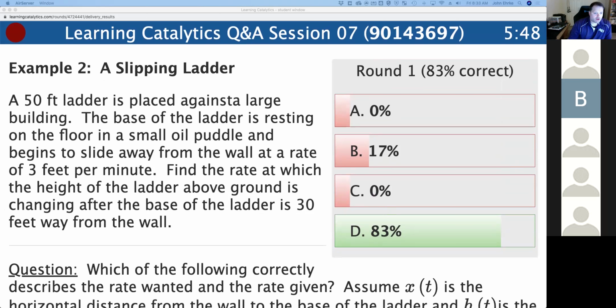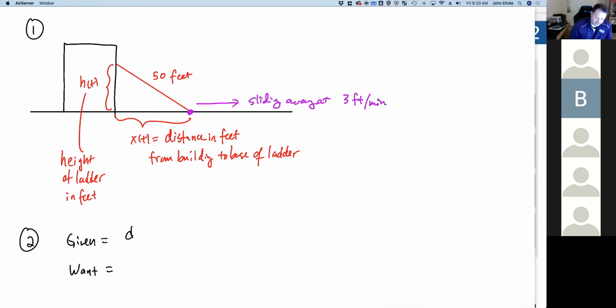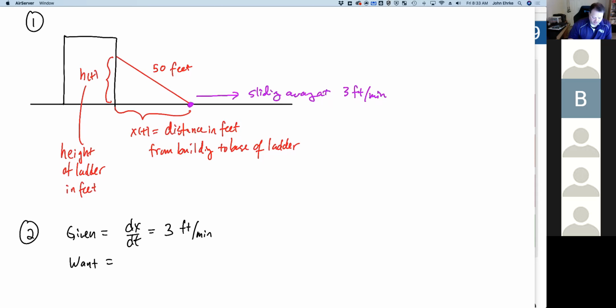So our given rate is dx/dt equals 3. The reason this is a positive 3 is because the distance x, in feet, is growing. As the base of the ladder slips away from the wall, the distance from the base to the wall increases over time. So it's an increasing function, which means it has a positive rate.